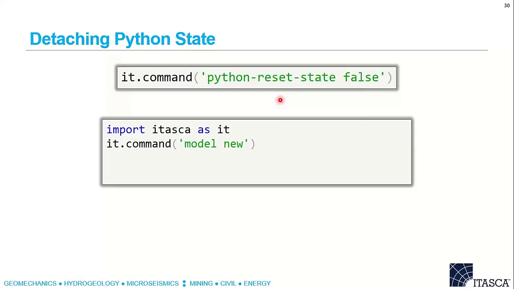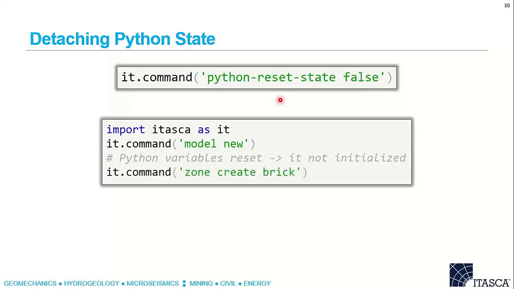However, one thing to note is that since the Python state is attached to the model by default, resetting the model will also reset the Python workspace. This will mean that IT, which is simply a variable, will no longer exist within the workspace.